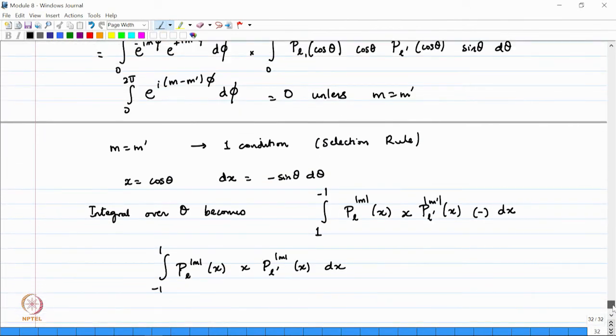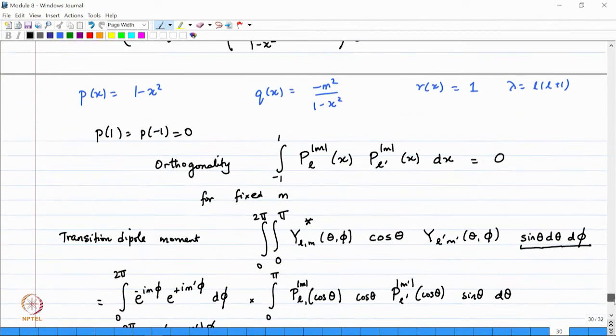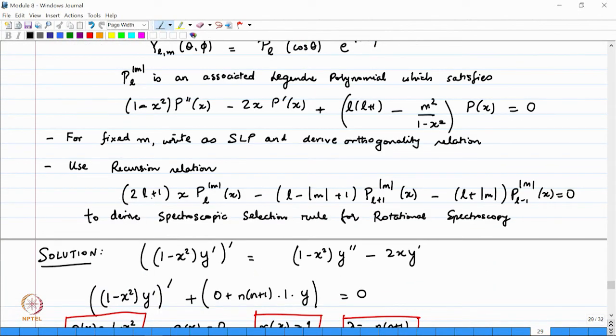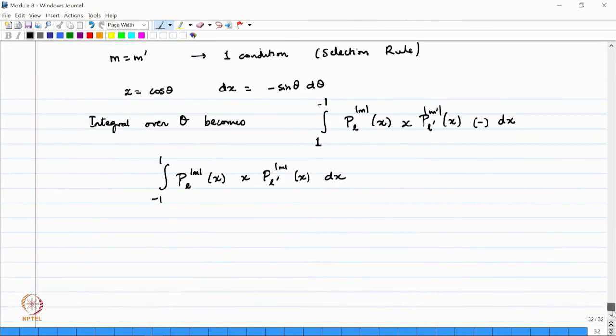So, now let us use the recursion relation. The recursion relation says that (2L plus 1) times x P_L is given by some quantity (L minus m plus 1) P_(L plus 1) and some constant times P_(L minus 1). We can replace this by two terms, one that involves P_(L' plus 1) and another that involves P_(L' minus 1) of m, and use orthogonality, just like Hermite polynomials.